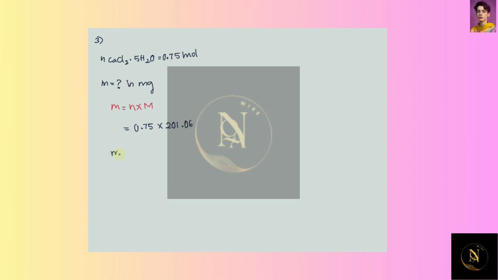On solving this, we will get the mass will be equal to 150.795 gram. We want it in milligram, so we are multiplying this with 1000. We will get the mass of the calcium chloride pentahydrate will be 150,795 milligram. So this is the answer to the third part of the question.